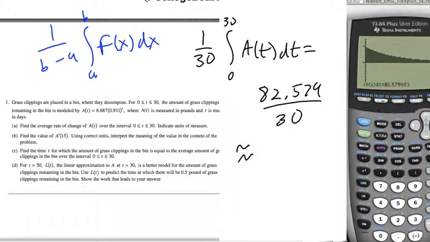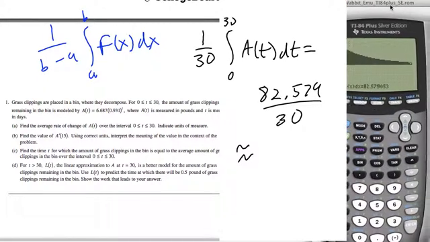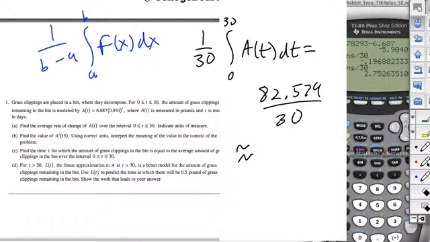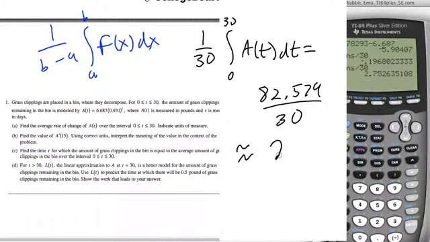In the calculator you can even hit the divide by 30 button, and that way you don't have to do any rounding, right? It's going to take that answer from the screen and type it in for us. So that's 2.753. So that's the average value. We did the average value formula to the A function. So on average, this is how much grass in pounds is in the bin.